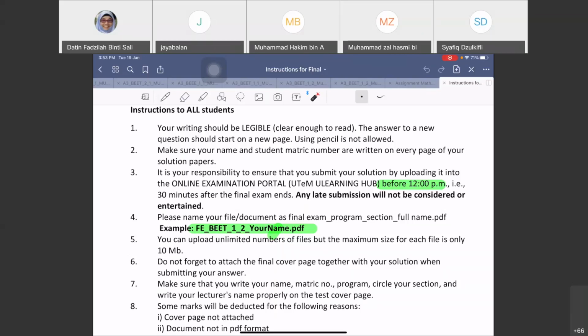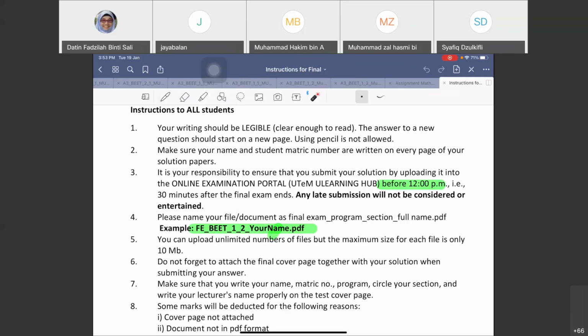So you imagine, if by 12 o'clock your upload is not successful, I'm afraid you may get zero because you did not submit.